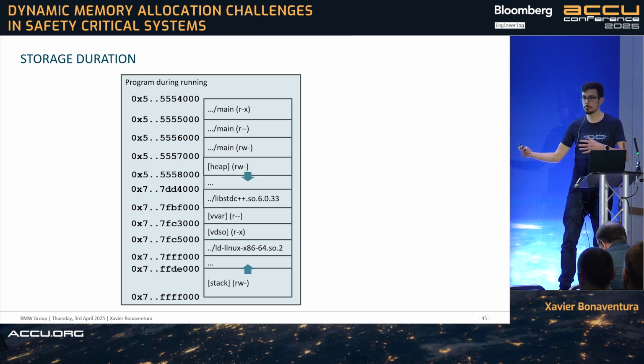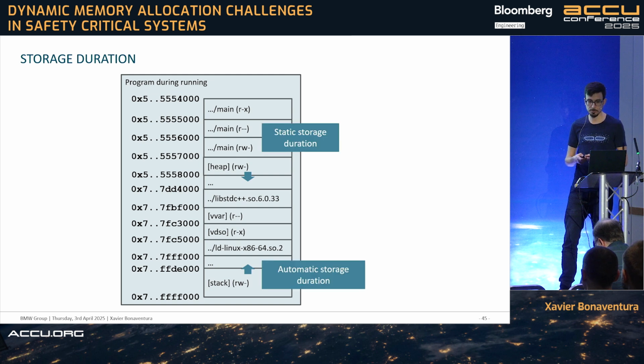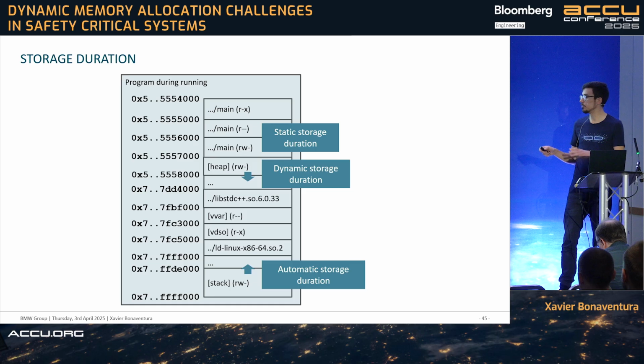And now to close the circle with what we saw, if we saw this object in the program in memory, basically this part would be the static storage duration, this part would be the automatic storage duration, and this part would be the dynamic storage duration. And for this talk, I completely omitted the thread storage. That would be quite similar, but I just didn't want to add more complexity.